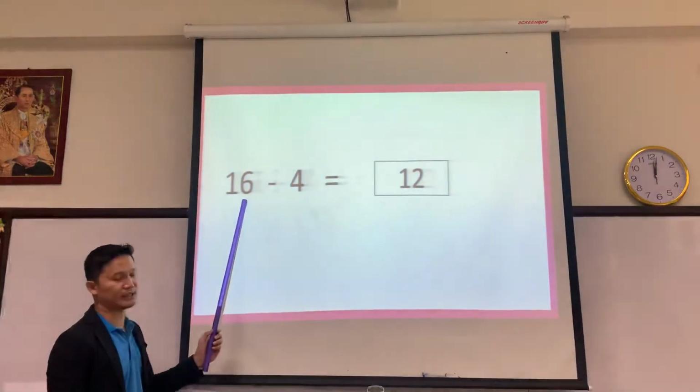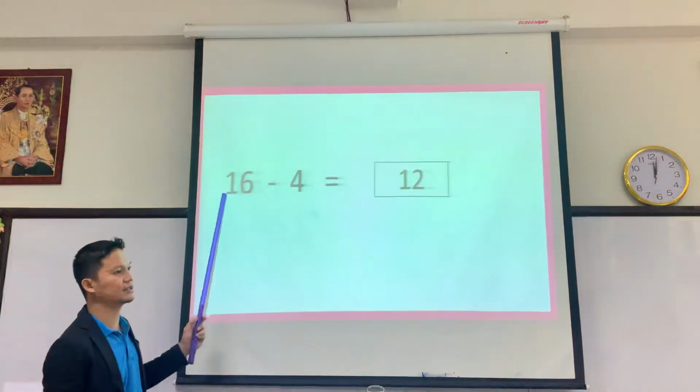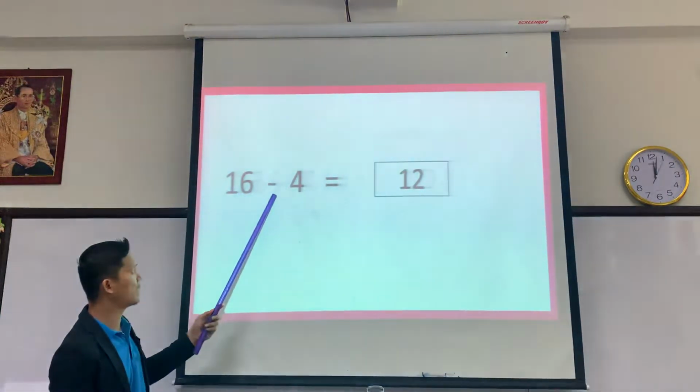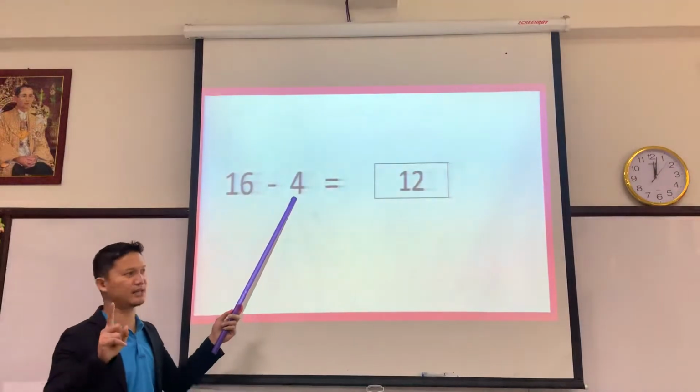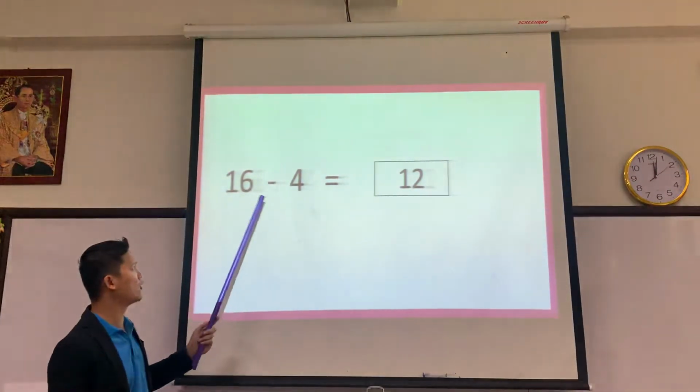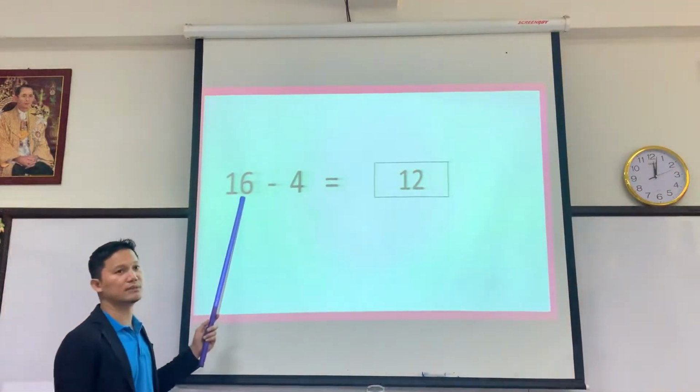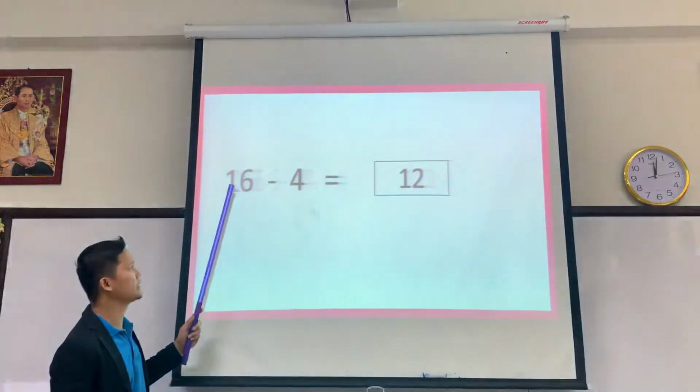Let's go for another. This number has 2 digits, and our subtrahend is only 1, the number 4. Our minuend is 16.